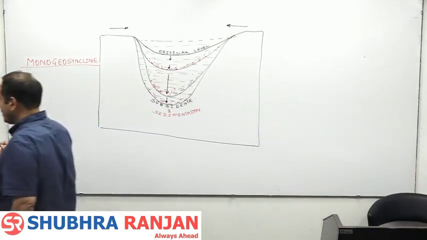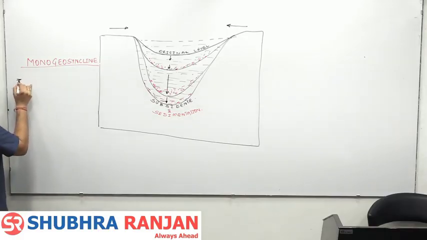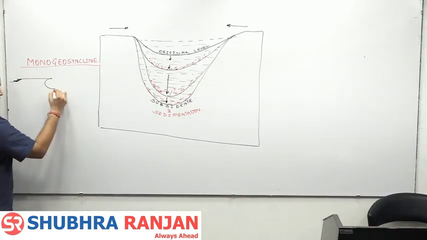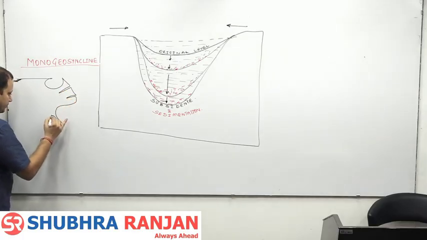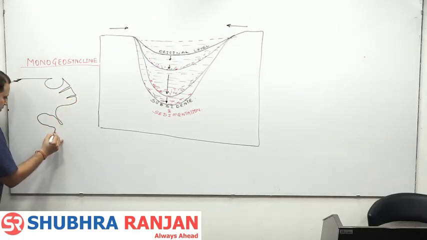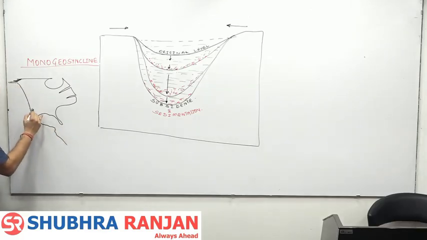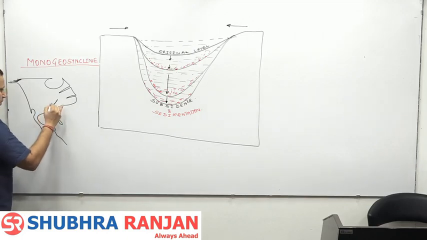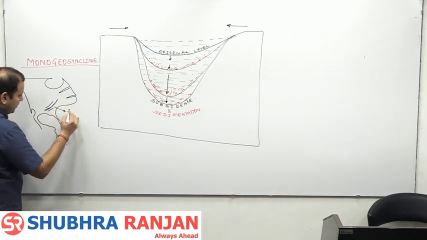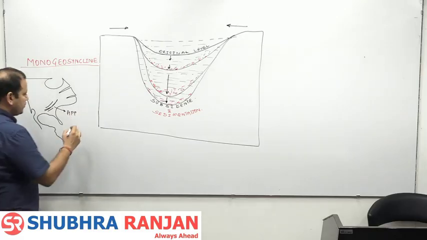Those who have an atlas can see in the map of USA, North America. Here there are mountains, and these mountains are the Appalachian mountains. So Appalachian mountains came out of a mono geosyncline.